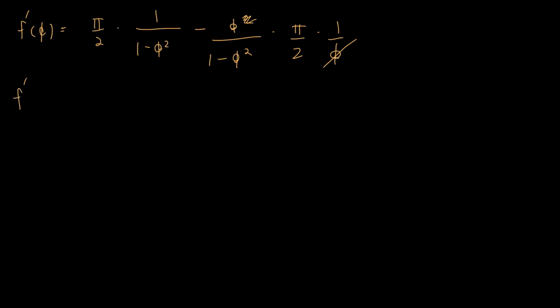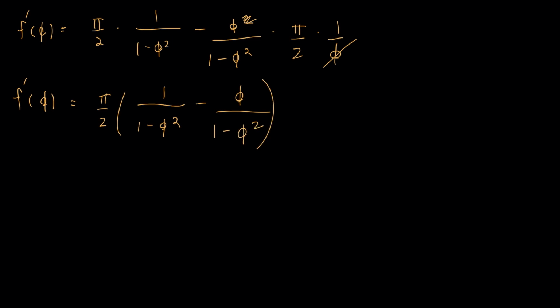So we have f prime of phi is pi over 2 times (1 over 1 minus phi squared, minus phi divided by 1 minus phi squared), which is pi over 2 times (1 minus phi) divided by (1 minus phi squared).